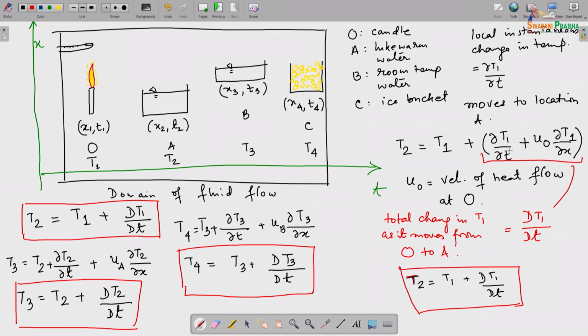Then again, say instead of the tank with lukewarm water I had another candle, and I move from O to A, there is actually no heat exchange, no heat flow. So this U naught that we have here is actually 0. So then there is no change. It is possible that it can move from location O to location A and there is no instantaneous change, neither is there any change if I move from it.